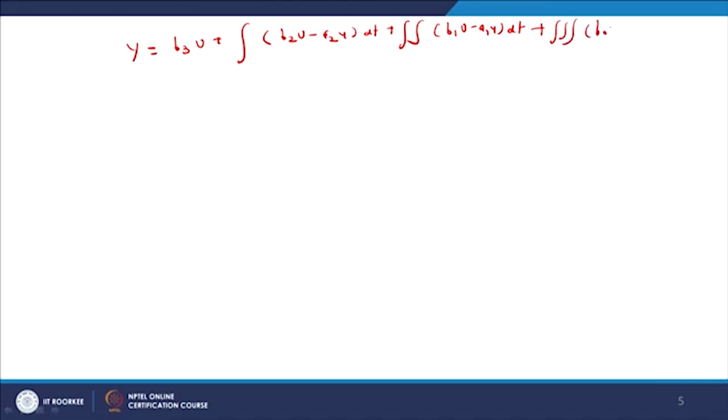Therefore y equals b3 u plus the integral of (b2 u minus a2 y) dt, plus the double integral of (b1 u minus a1 y) dt, plus the triple integral of (b0 u minus a0 y) dt.